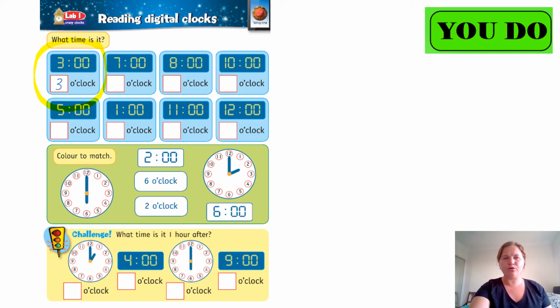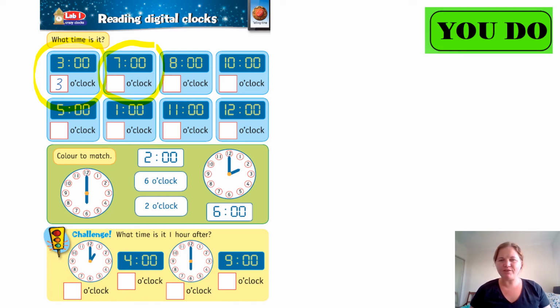You need to go through the next one, 7:00, and write the time underneath. Keep on going until you've done all of that first section. In the second section, you need to colour to match the times.